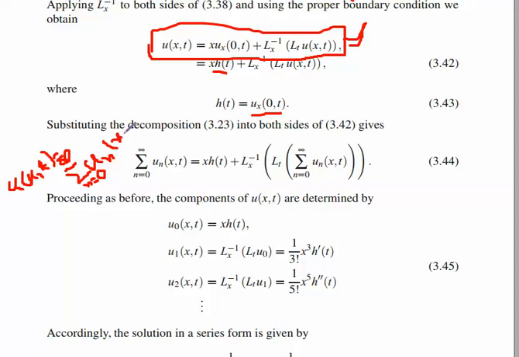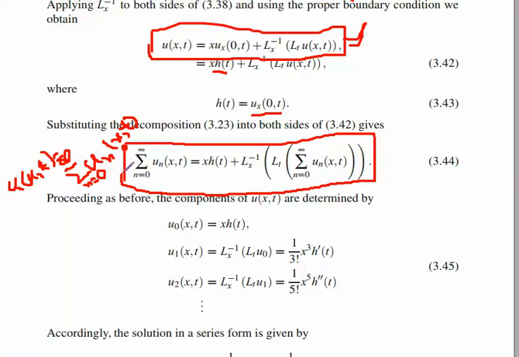We choose this series, and now we are going to replace u of x, t in the above equation by this series. Once we replace it, we have a general form for the above equation, called the series form, which can be calculated in each segment.